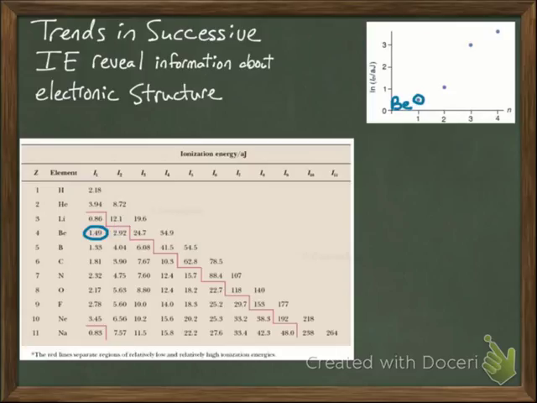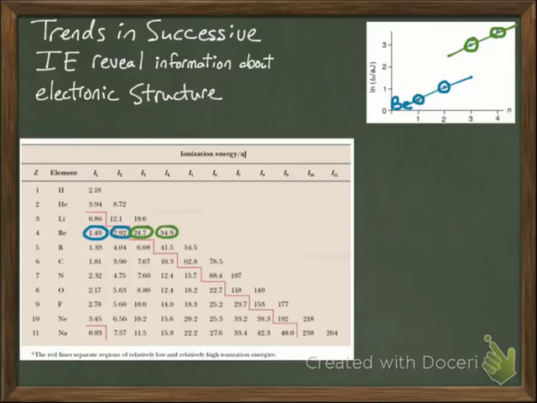So looking at beryllium, for instance, we plot the first two ionization energies there. And then when we further remove a third and fourth electron, notice that the ionization energy jumps up even more dramatically. We can see two successive trends: a lower ionization energy region, where it is easier to remove electrons, and then a harder, more energy-requiring region to remove electrons for the third and fourth.